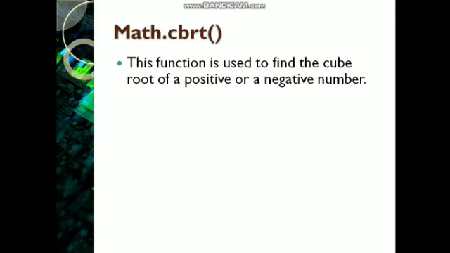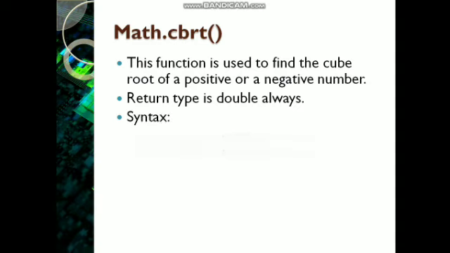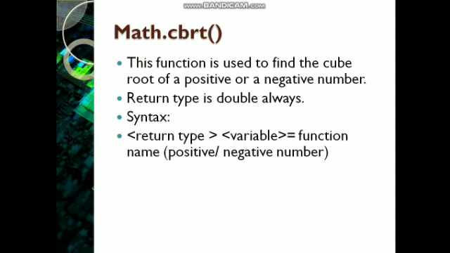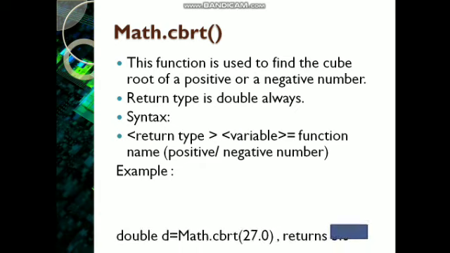Next method is Math.cbrt. This function is used to find the cube root of a positive as well as a negative number. Its return type is always double. Syntax is return type, variable is equal to function name, and a positive or negative number. We'll see the example.